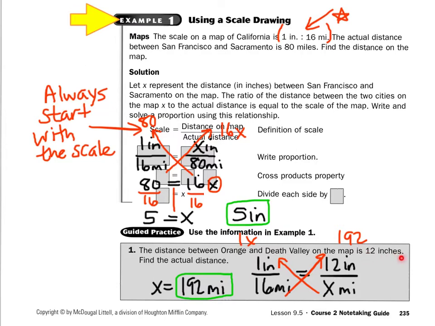Now this time they gave us 12 inches, so notice how the 12 has to go on top with the label of inches, and the x goes on the bottom with the miles, so that's what we're trying to find. And now, do the cross product. So 16 times 12 gives me 192, x times 1 gives me 1x. And so I just know that x equals 192. And remember, we were solving for miles, so it's just miles.